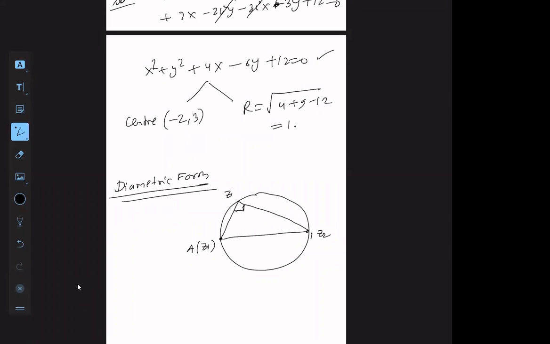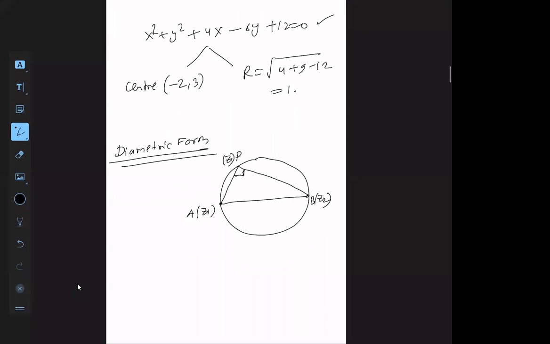AB is the diameter. P is any general point on this circle. Now you can apply Pythagoras theorem here. AP square plus BP square is equal to AB square.